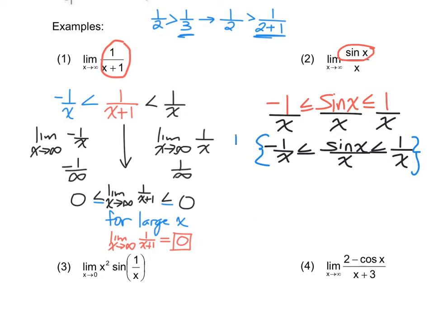Now if I find the limit as x approaches infinity of each part of this, you can kind of do it shorthand. You don't have to show it all the way. You're just finding the limit as x approaches infinity of each piece. What's the limit as x approaches infinity of this? 0. What about the upper bound? 0 again.